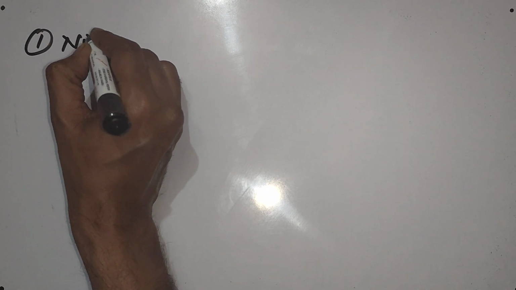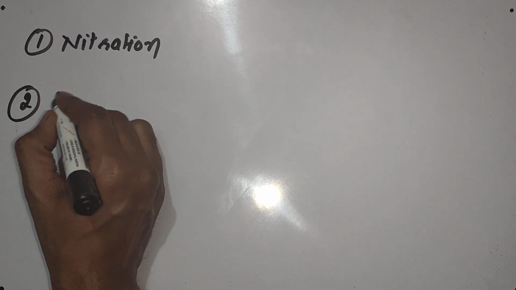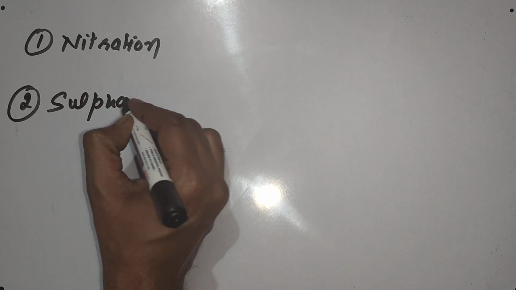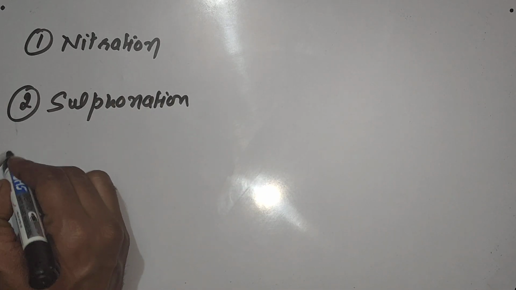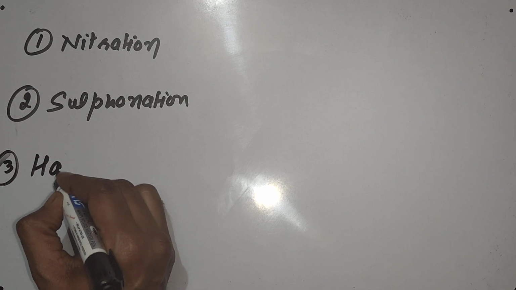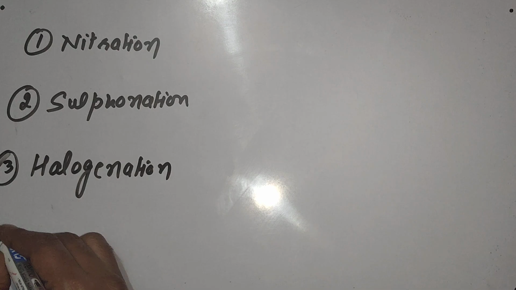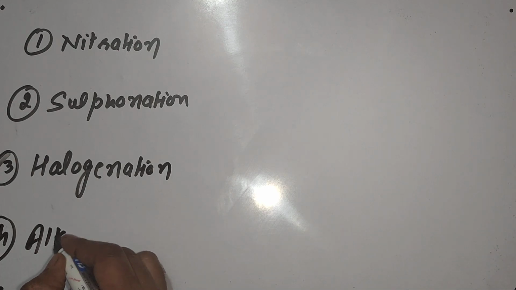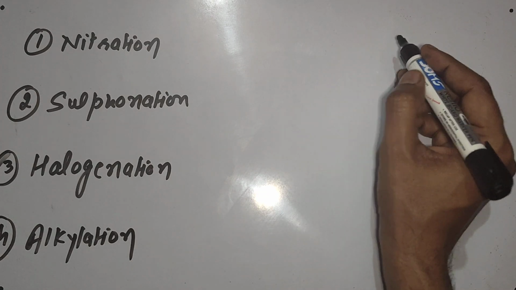First, generation of electrophile. Now we know electrophilic substitution reactions are of these types: nitration, sulfonation, halogenation, alkylation, and acetylation.